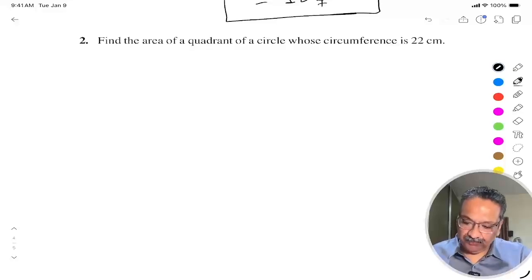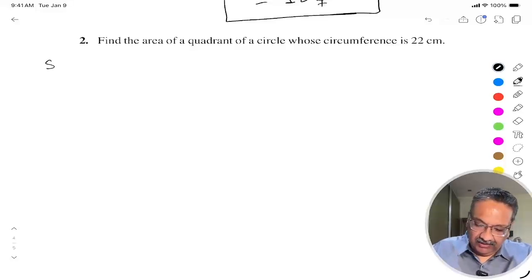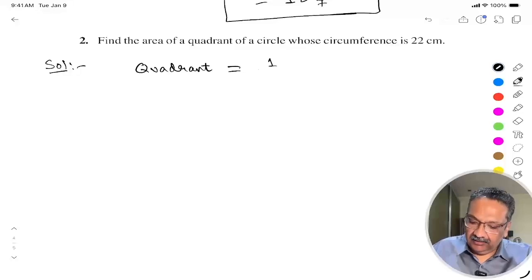Question number 2. Find the area of a quadrant of a circle whose circumference is 22 centimeters. Okay, solution. Now what do you mean by quadrant? Quadrant is 1/4 of a circle.